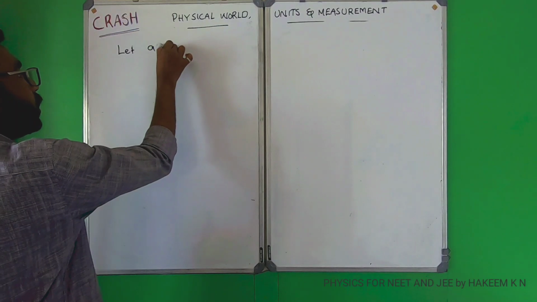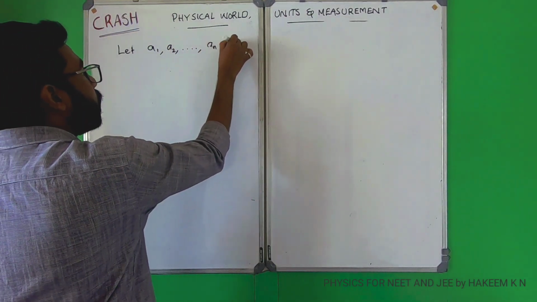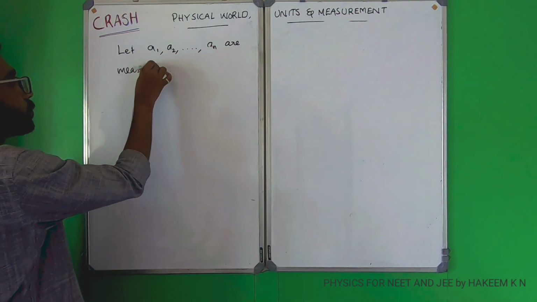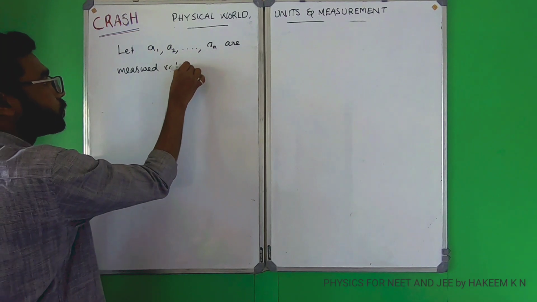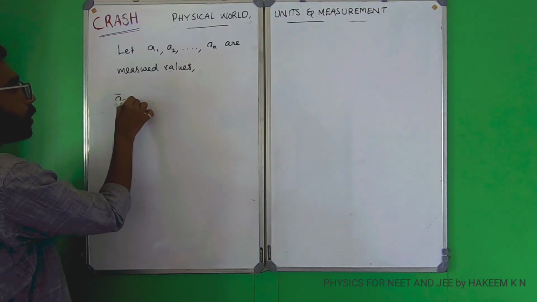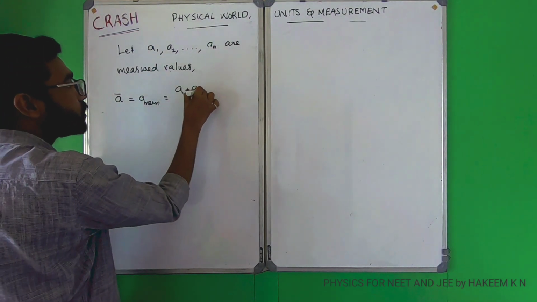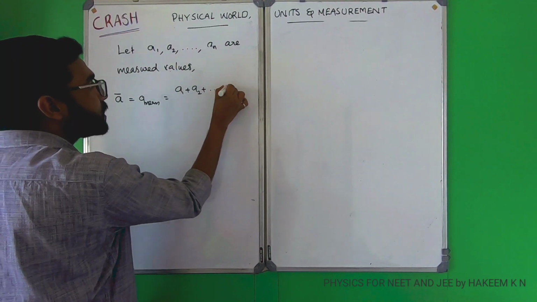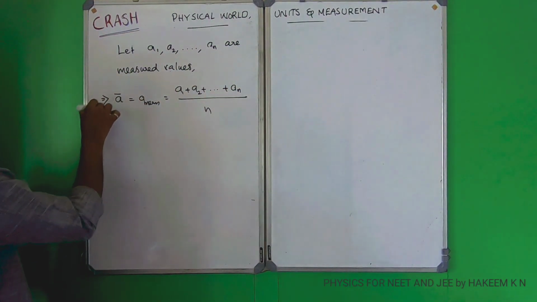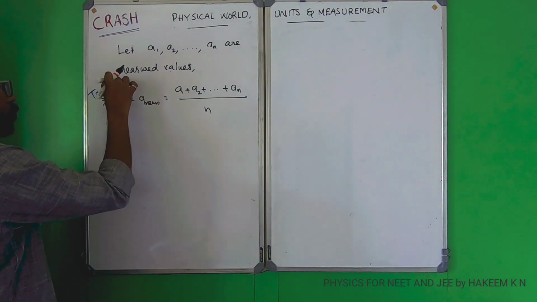Let A1, A2, etc. AN are measured values. Then what is the true value? A bar or A mean equals the average, A1 plus A2 plus etc. plus AN divided by N. Average is taken as the true value.